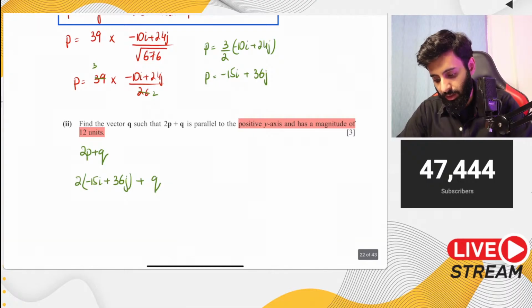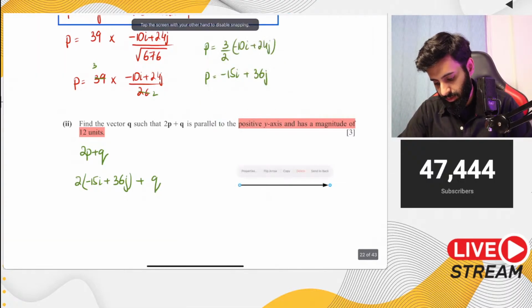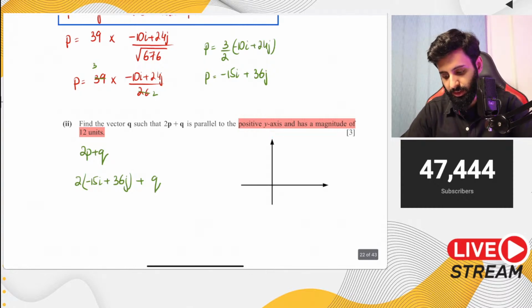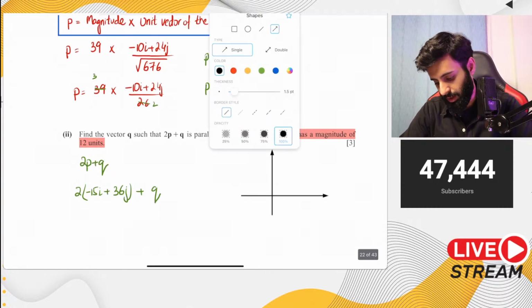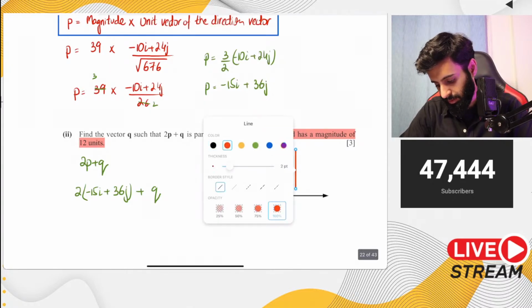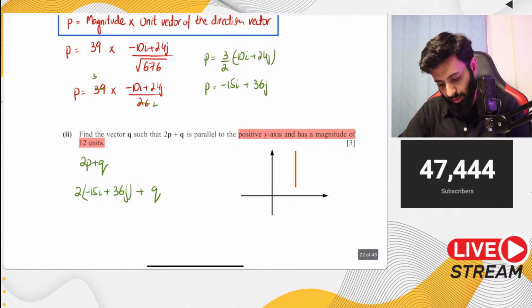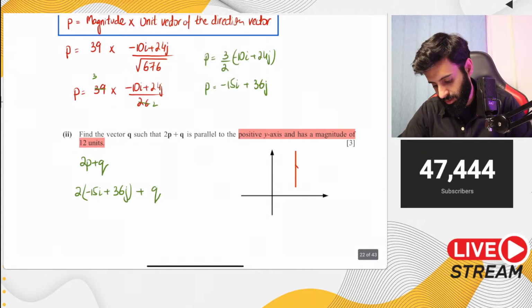Okay, now if you have a vector which is parallel to the positive y-axis, what can you tell me about that vector? Any vector which is parallel to the positive y-axis, what can you tell me about it? So let's say here's a vector which is parallel to the positive y-axis.